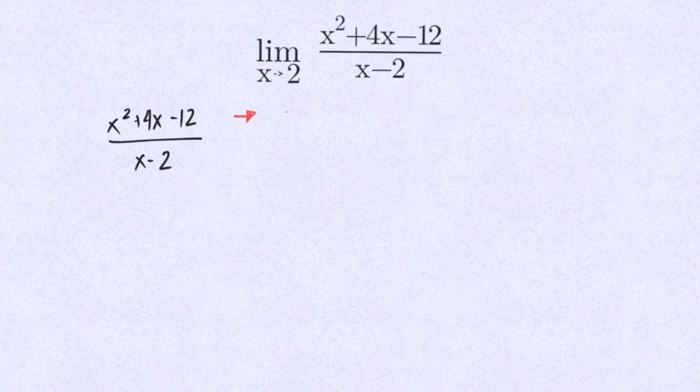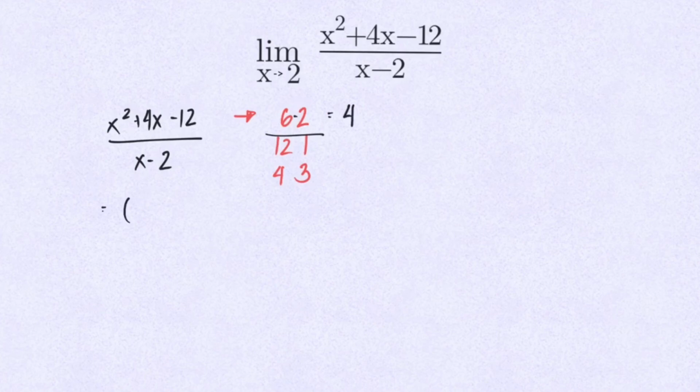It can be 6 and 2, 12 and 1, and 4 and 3. But when you subtract all of these, the answer should be 4. So, it will be 6 and 2 because 6 minus 2 is equal to 4.